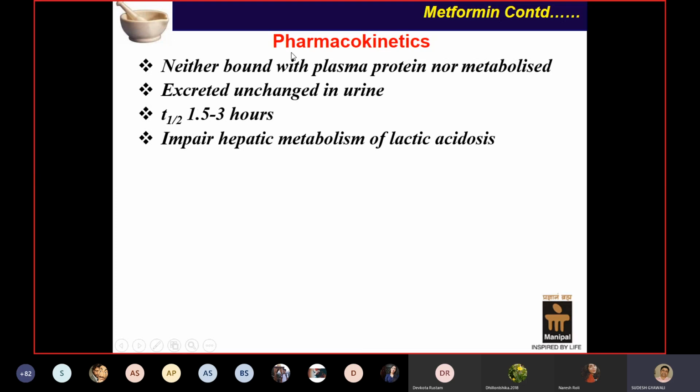Metformin is excreted unchanged in urine, and if the kidney is not excreting metformin, what will happen? Is it a difficult question? Can anyone answer? Increases. Increases metformin concentration.